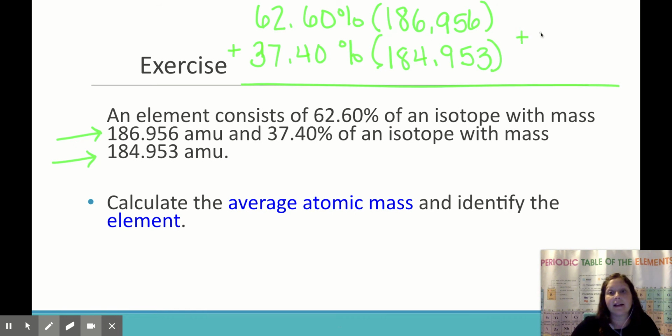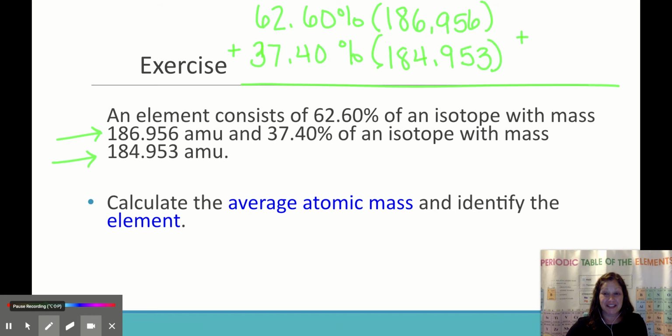Once I add those two results up, I will get my average atomic mass. So you can just do this on the calculator and get these two numbers.